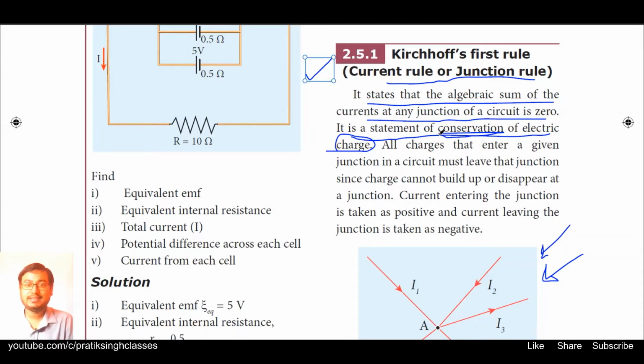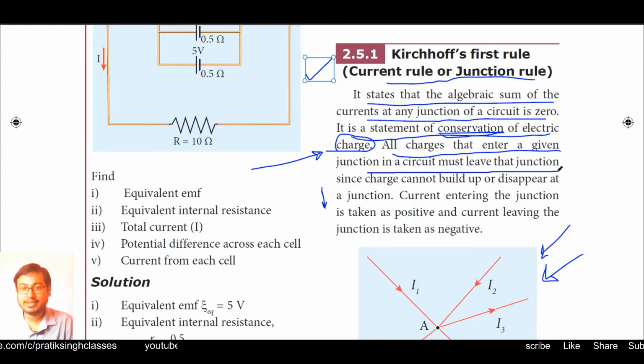Here, conservation of electric charge means total charge incoming is equal to total charge outgoing. All charges that enter a given junction in a circuit must leave that junction, since charge cannot build up or disappear at a junction.